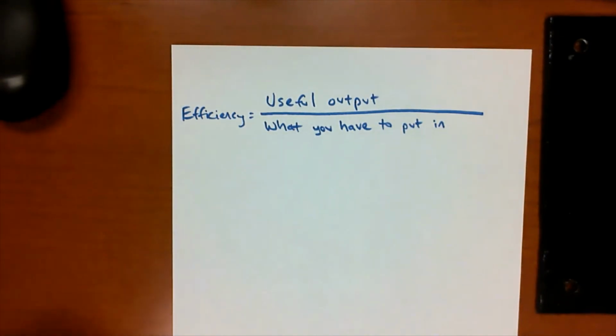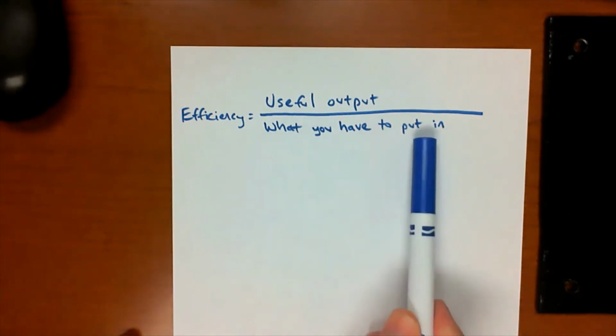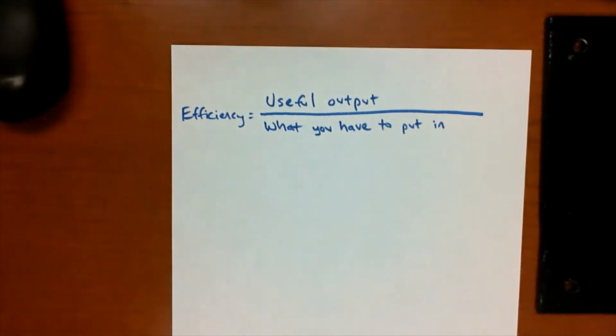It also produces heat, but that's not really useful for us, so we're not counting the heat that it produces. Even LEDs produce some heat, not as much as incandescents, but they still produce some. So that heat is not useful for us, so we don't count that in this equation. What you have to put into it is the amount of power or energy, depending on how you're looking at it, that you have to put into the light bulb in order to energize it.